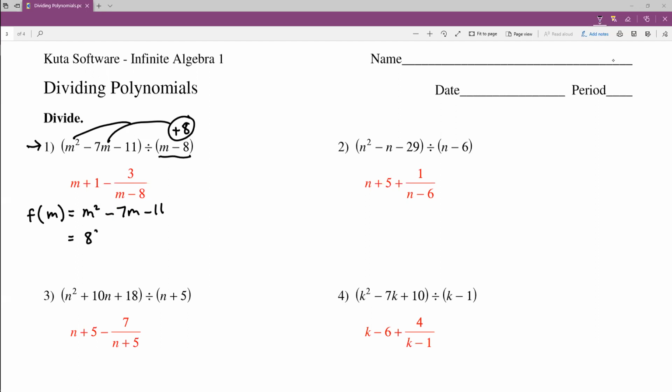So that's 8 squared minus 7 times 8 minus 11, okay? So that's 64 minus 56. That's positive 8 minus 11, and that equals negative 3. Okay, that negative 3 is your remainder.